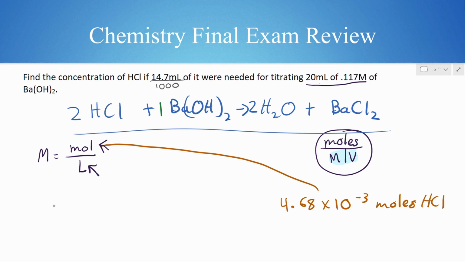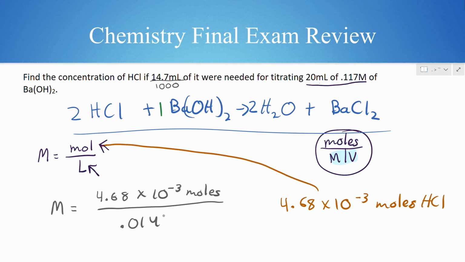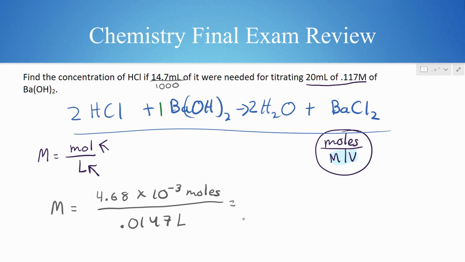Okay, so in the end, the molarity or the concentration of HCl is going to be the number of moles, so 4.68 times 10 to the negative 3, whole divided by liters. So 0.0147 liters. This gives 0.318 for molarity of HCl.